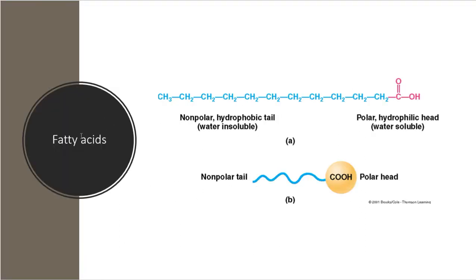Fatty acids are small units that make more complex fat or lipids. The fatty acids are divided into a long non-polar chain and a polar head, that is the carboxylic acid.